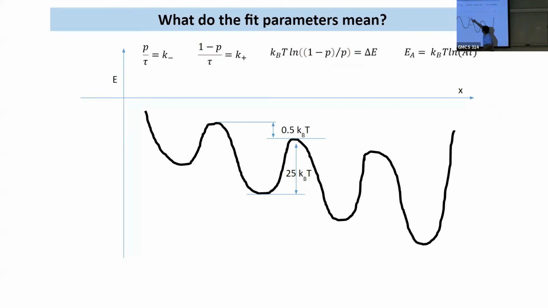And what is the height of this barrier itself, which is dependent on the tau, how long you are going to wait? That's 25 kT. And all of these are reasonable for protein absorption and what we know about it. Those 3 parameters are fitted: the probability of going back or going forward, 1 minus that, the time it waits, and how many of these conformations it can access.